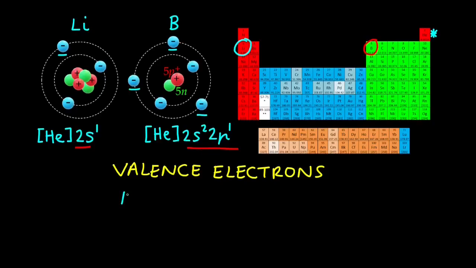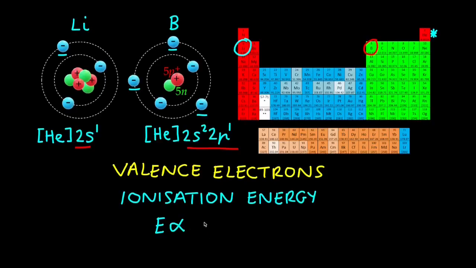Now the ionization energy is the energy required to remove an electron from an atom. And this can be estimated qualitatively using the energy analog of Coulomb's law, which states that the electric potential energy is proportional to the product of the charge of the nucleus and the electron, and inversely proportional to the distance of the electron from the nucleus.